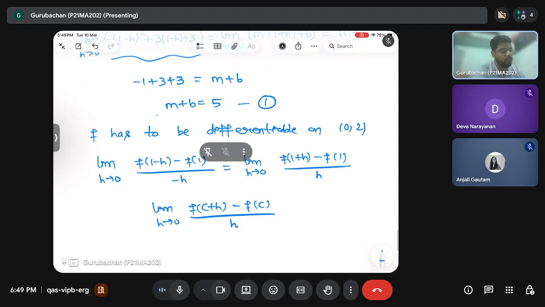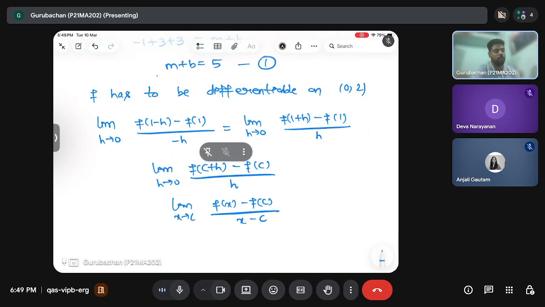Or in general, if you will write limit x tends to c, f of x minus f of c divided by x minus c. So if you will think about the left hand derivative, it will be limit x tends to 1 minus f of x minus f of c divided by x minus c.